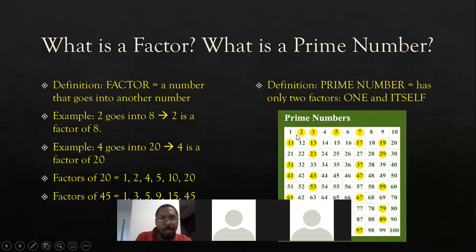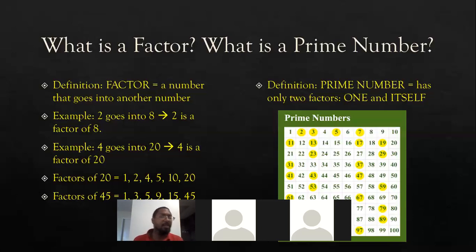So if I have a 2, a 3, 5, 7, 11, 13, so on and so forth, I can't really break those down into smaller numbers with multiplication, because the only thing that goes into 2 is 2 and 1. The only thing that goes into 3 is 1 and 3. That's it.